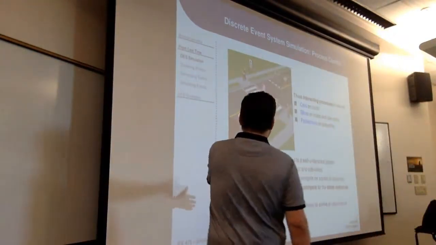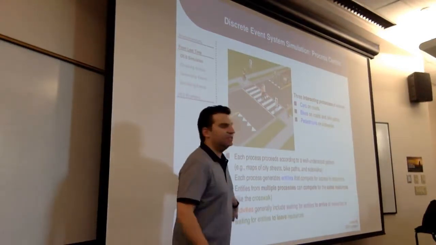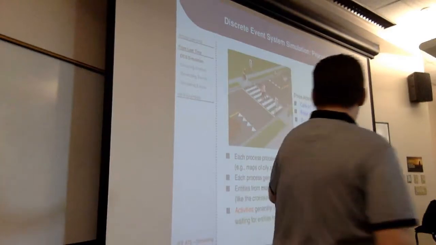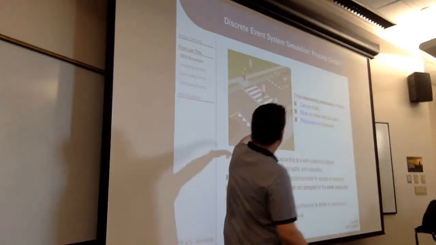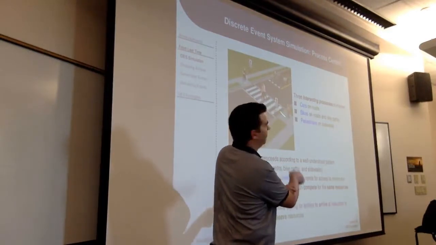So entities from multiple processes can compete for these resources like a crosswalk. Activities are the times in which we view them to take on that resource. So it takes a certain amount of time for a person to cross a crosswalk.